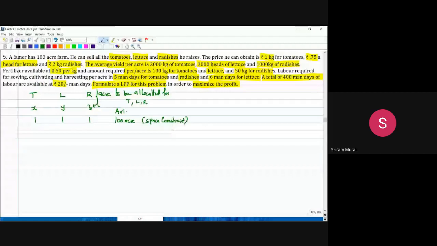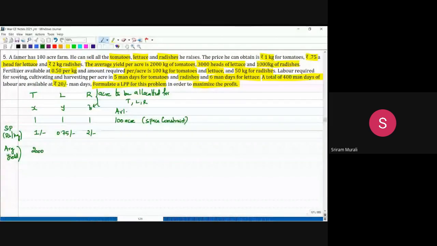What is the next thing? Selling price, rupees per kilogram, which is given: 1 rupee for tomato, 0.75 for lettuce, and 2 rupees for radishes. And the average yield for tomato is 2000 kg.